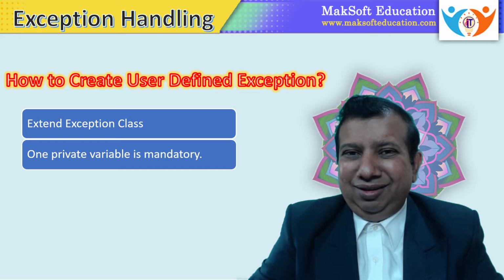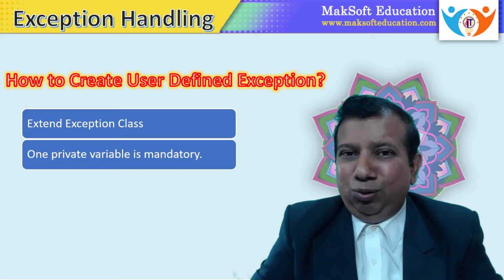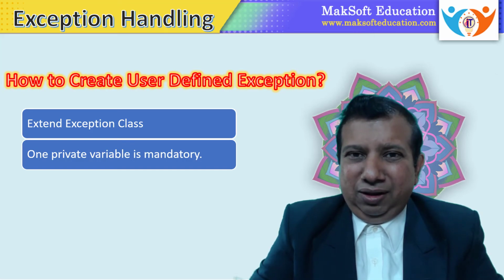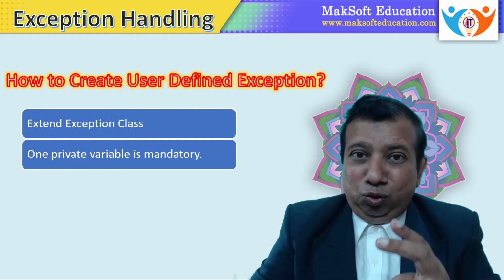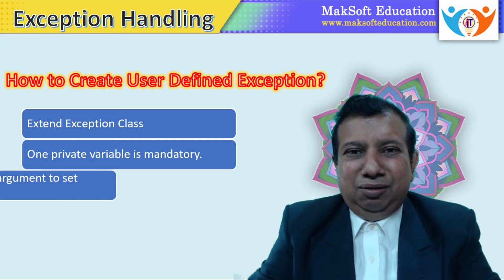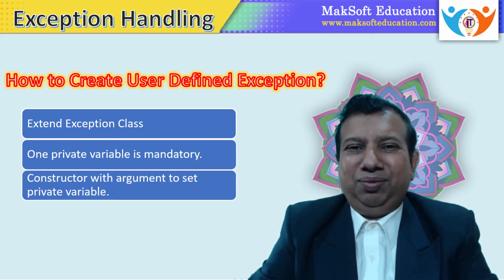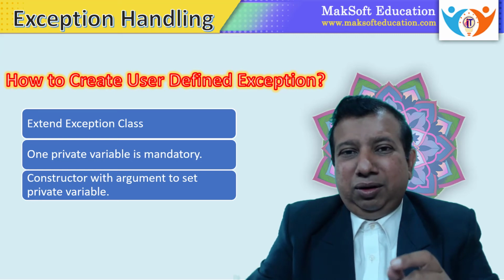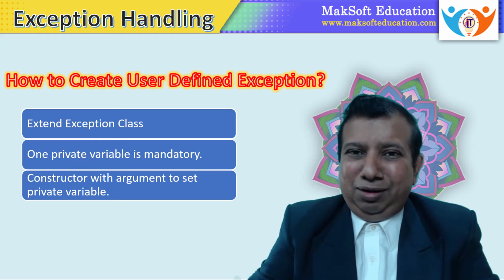But in this case, as these are user-defined situations where we have to create the exception, the reason also has to be given by the programmer. And therefore there is one more rule: a user-defined exception class must have a constructor with arguments. The argument type must be similar to the private variable type.